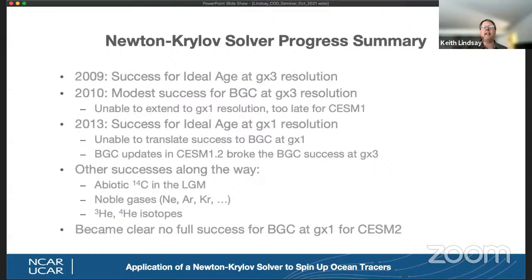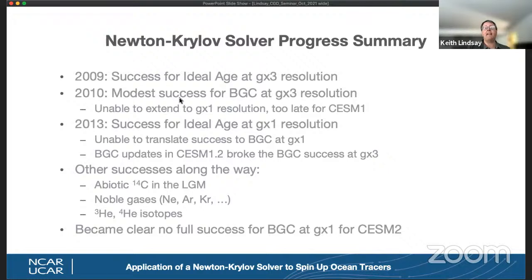And here is the timeline of how progress on this Newton-Krylov solver framework has proceeded. In 2009, there was some initial success with ideal age in a 3 degree model, which is what we were running BGC with in the early days. There was some modest success for BGC at that low resolution, but trying to transition that to the 1 degree failed.